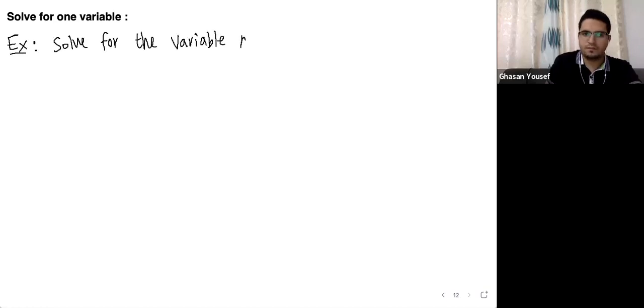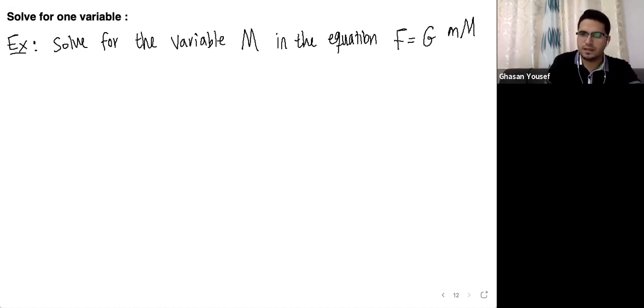M, I mean capital M, in the equation F equals G times small m, capital M over r squared.